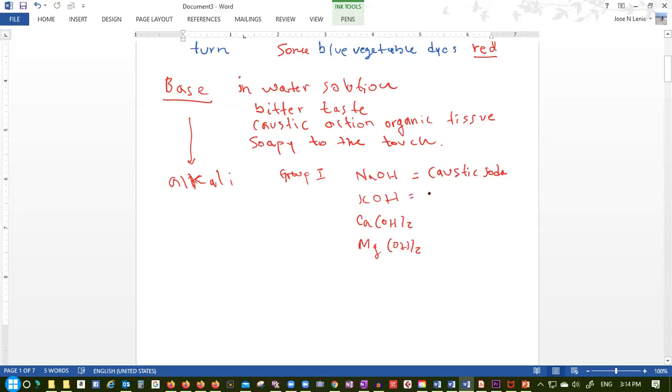It has been known as caustic potash, used for centuries in ancient cultures.